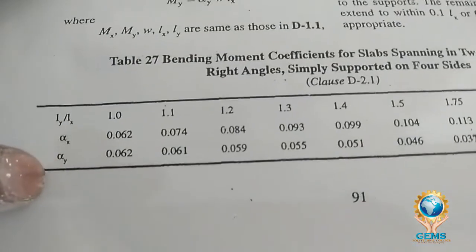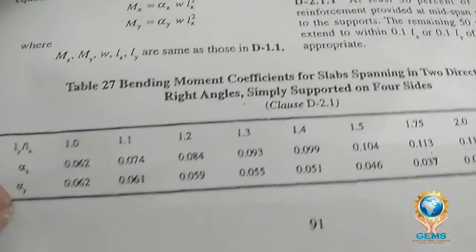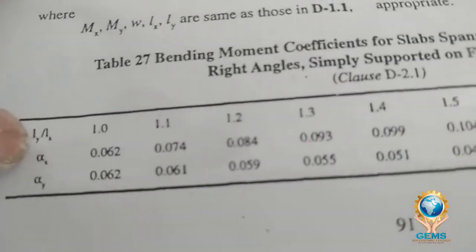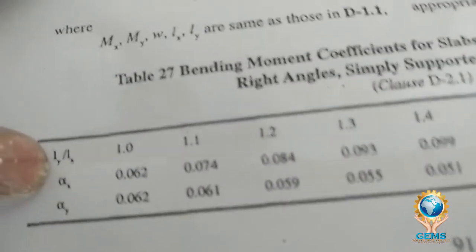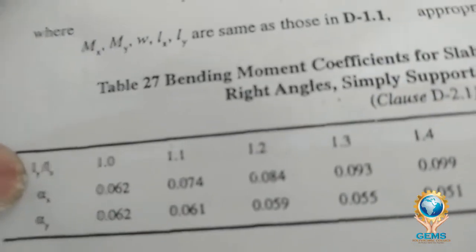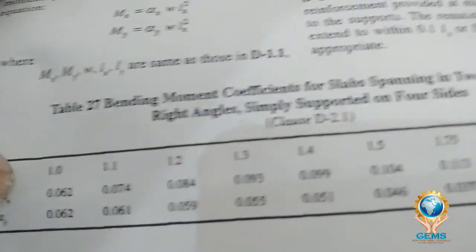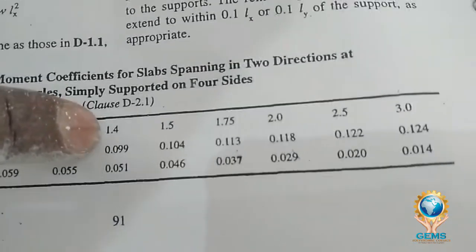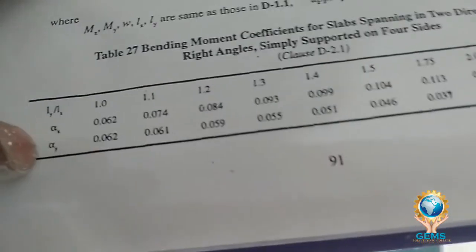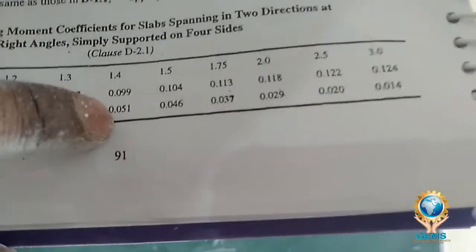You can see here alpha x and alpha y, and Ly by Lx is given. Your Ly by Lx value, from step number 1, is 1.4. So at 1.4, the values are 0.099 for alpha x, and for alpha y it is 0.051.